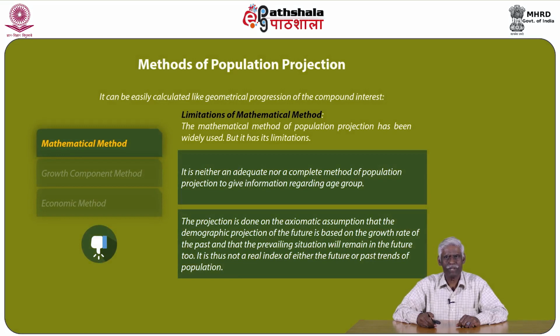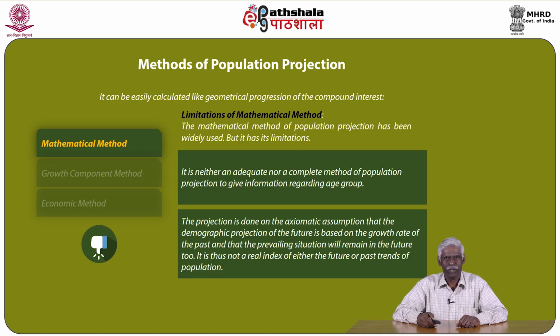However, there are certain limitations of the mathematical method of population projection, though it has been widely used. Number 1, it is neither an adequate nor a complete method of population projection to give information regarding different age groups.